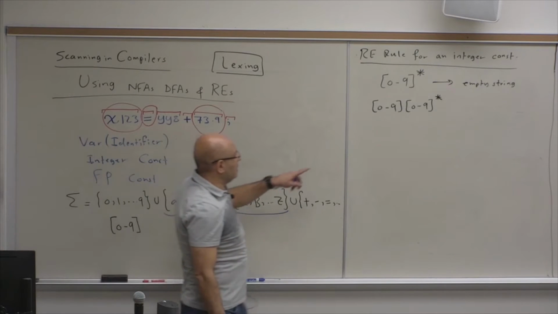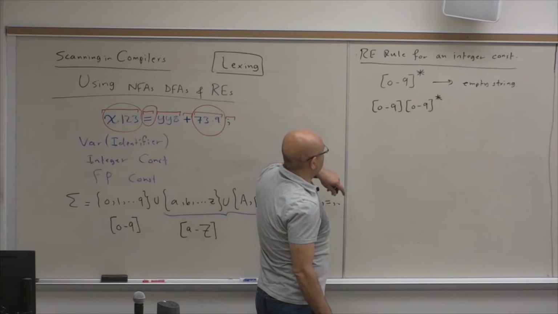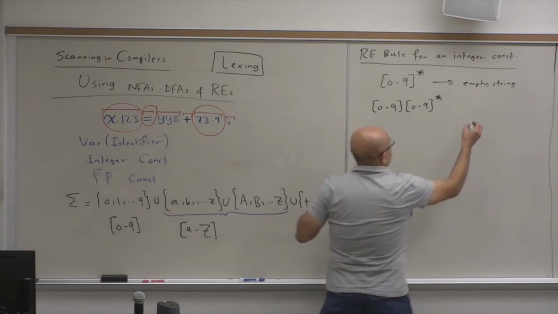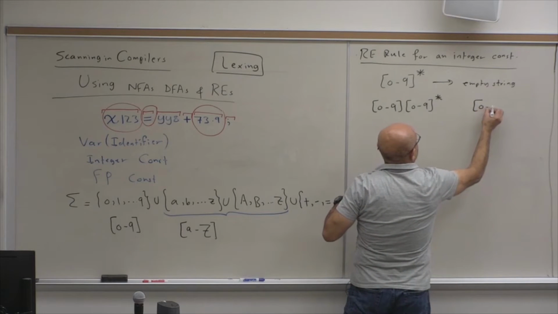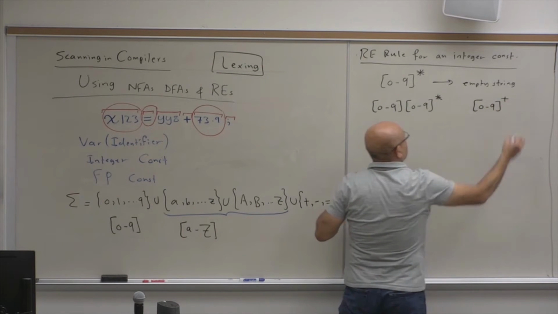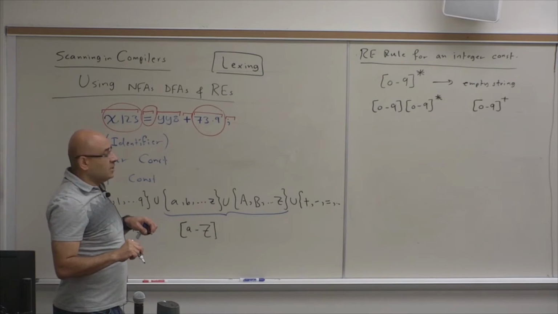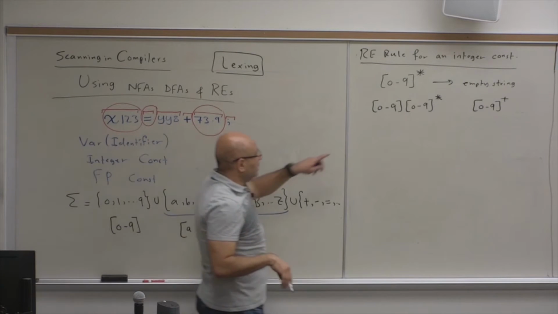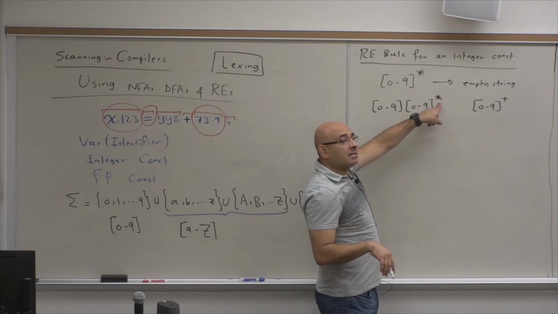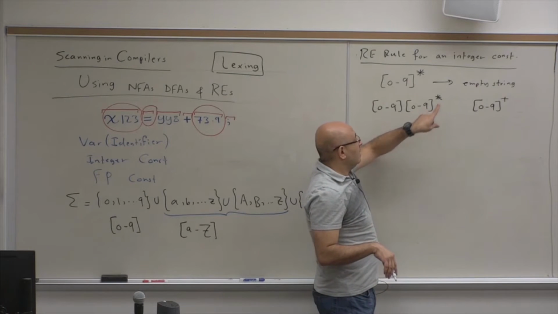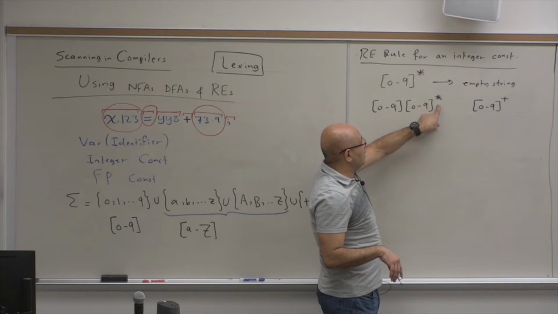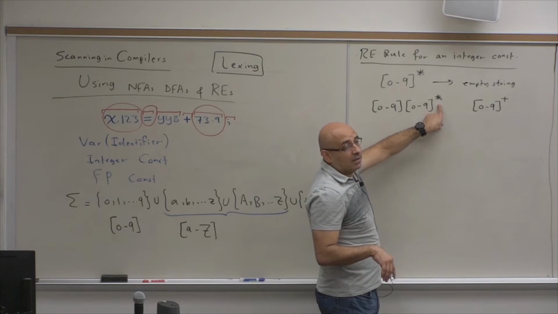There is a notation, the plus notation. So this is equivalent to saying 0-9 plus. This is the first time I introduced this. The plus is like the star, but the number of repetitions has to be at least 1.